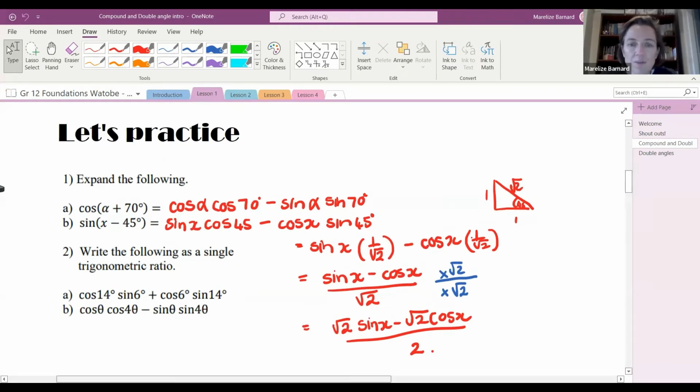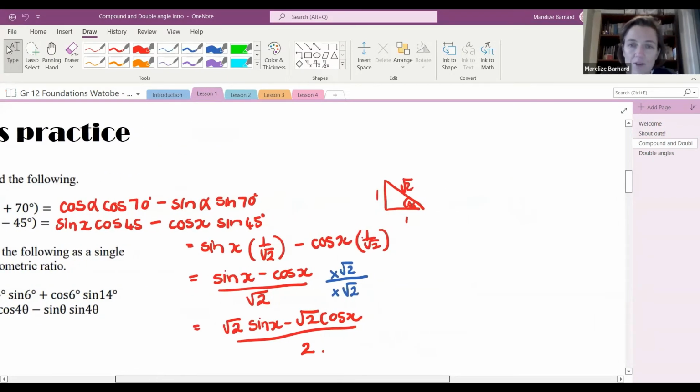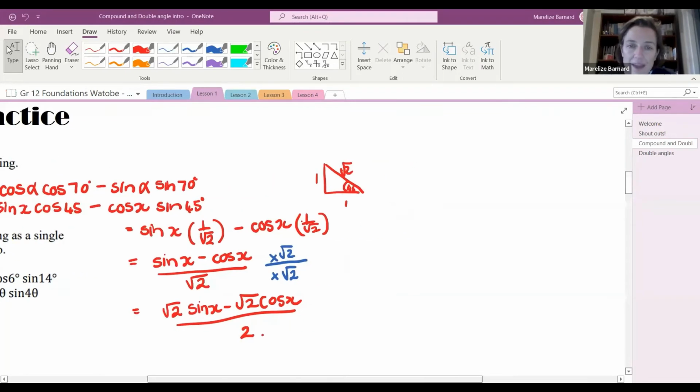If you're confused about the rationalizing the denominator part, Primrose, it's just something that someone asked in the chat, and you rationalize the denominator by basically timesing the root 2 by itself. But when you do it at the bottom, you have to do it at the top as well. So that's why, where I wrote here in blue, I times by root 2.